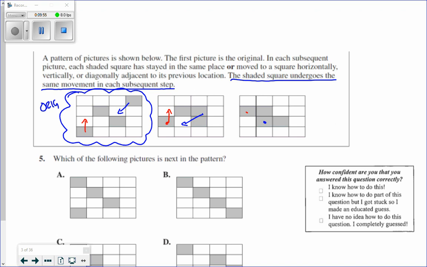So then what would come next? This one would have to move up to here. And this one would have to move to here. So you're looking for A. So the key to that question was that last sentence.